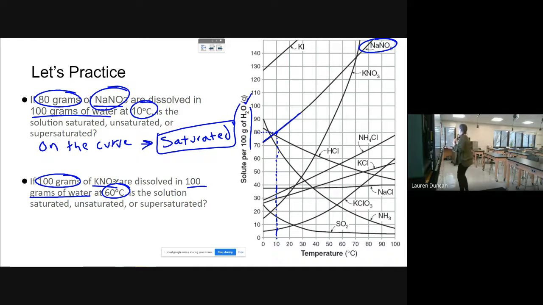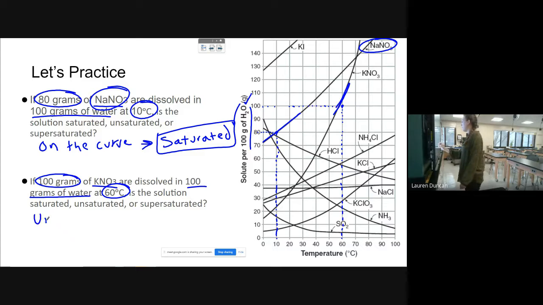So we'll go up from 60 until we hit the 100 mark on the y-axis, the y scale. So that point is under the KNO3 curve.